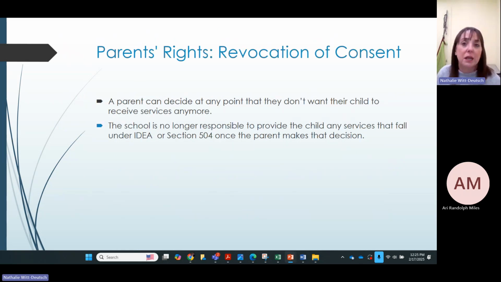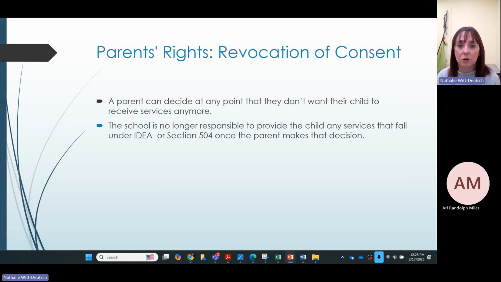And again, a parent can decide at any point in time that they don't want their child to receive those services anymore. Just know that if you revoke your consent, the school is no longer responsible to provide the child any services that fall under the IDEA or Section 504 once the parent makes that decision. So think about that first before revoking your consent for implementing any of the IEP services or placement.